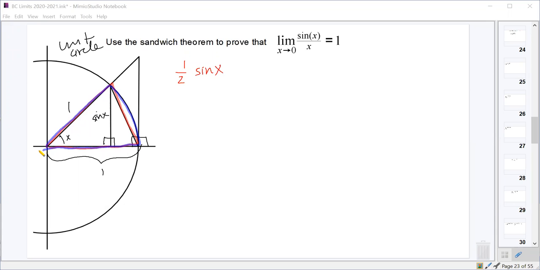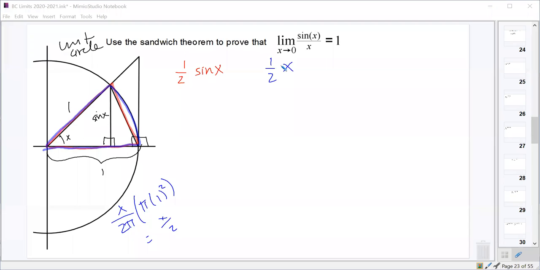The area of the sector of a circle is the number of radians of that sector out of 2 pi for the whole circle times the area of the circle, pi times the radius squared. And what does that give us? X over 2. So the area there is one half x.